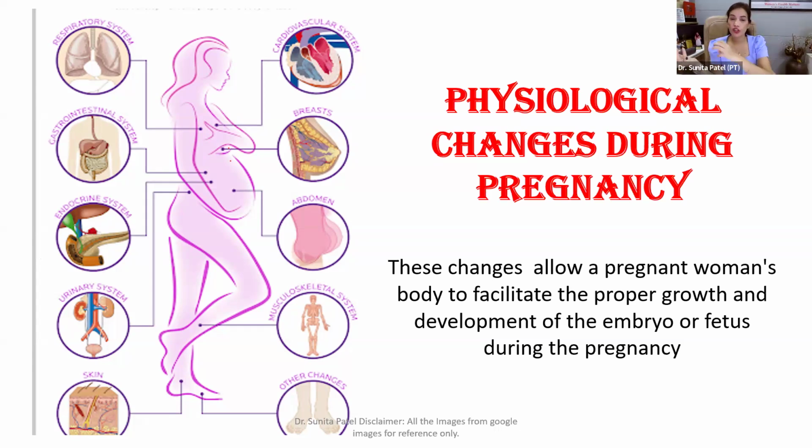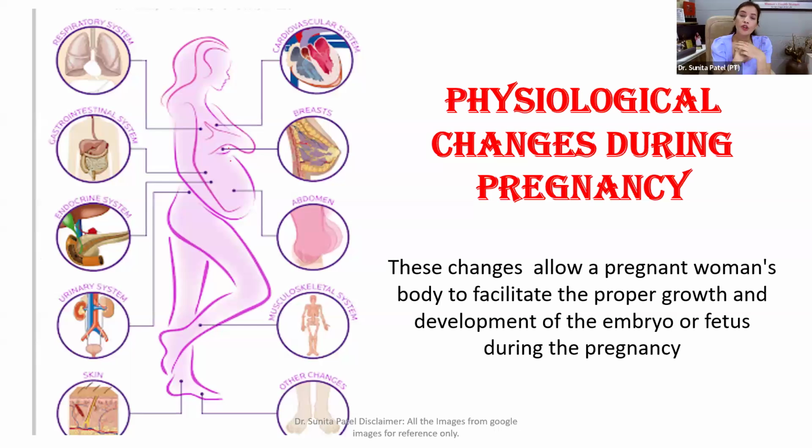Now with this kind of new network, the heart has to do more work. So the cardiovascular system change is happening here. Not only that, our cardiac muscles, which are smooth muscles, are affected.